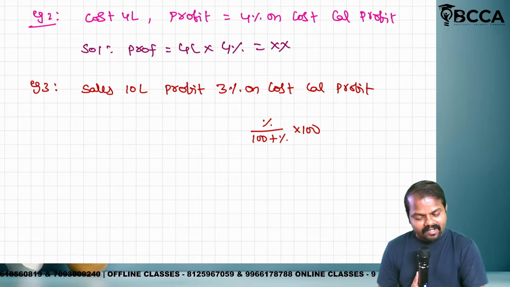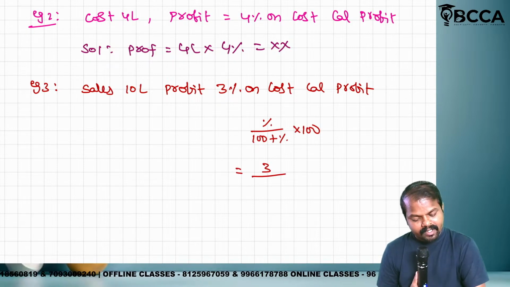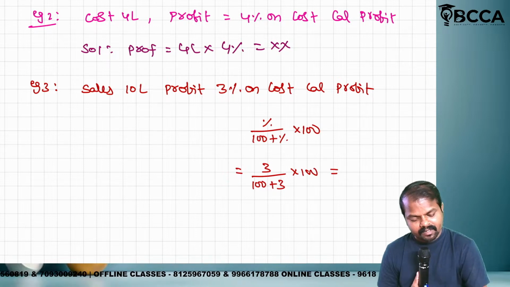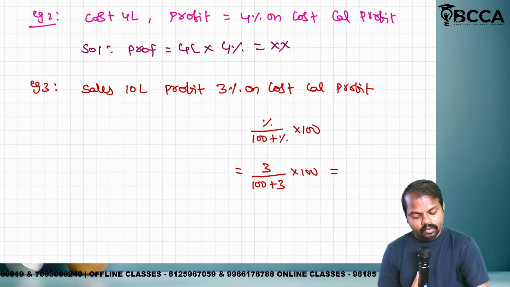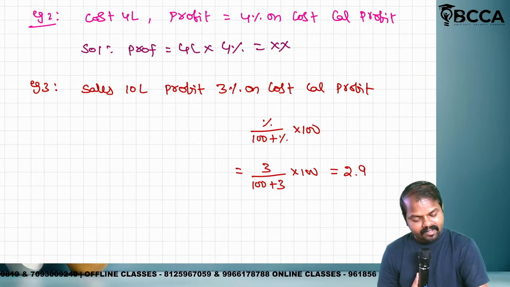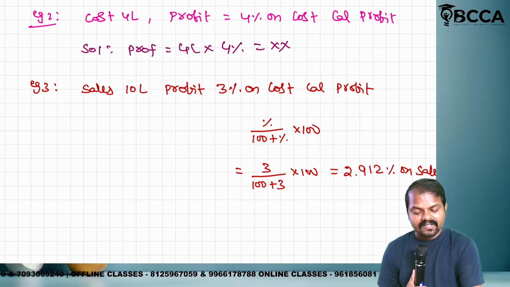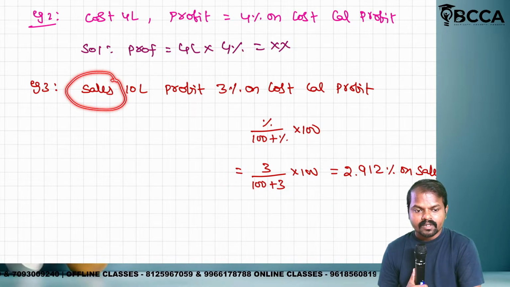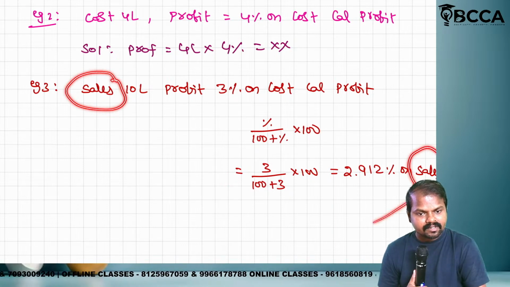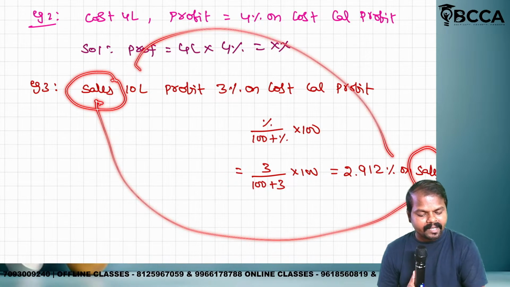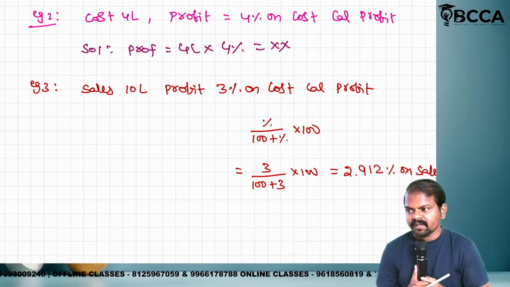Then please convert: 3 divided by 100 plus 3, into 100. That is 2.912 percentage on what? Sales. What is the information you have? Sales. What is the percentage on? Sales. Matched, then apply. Your task is completed.